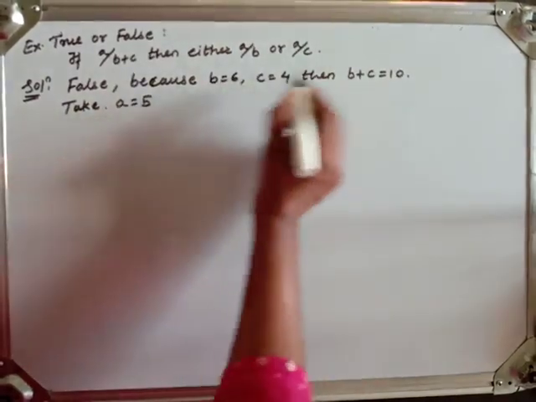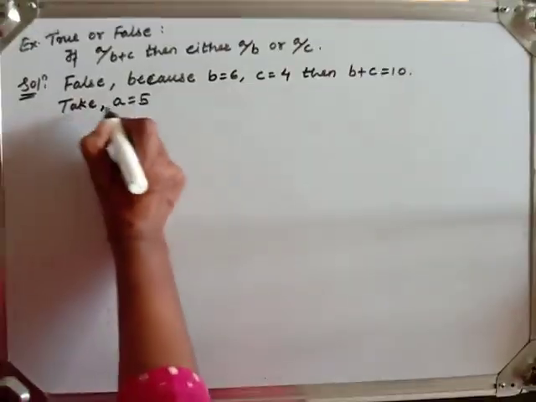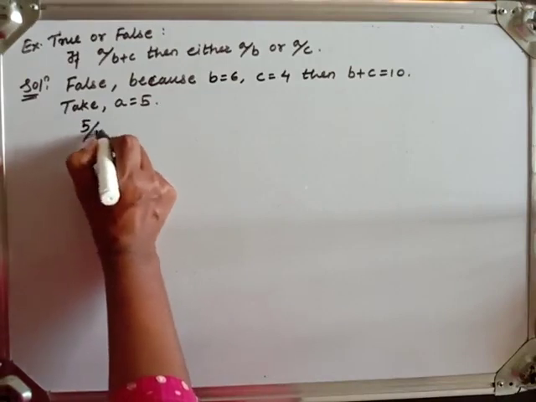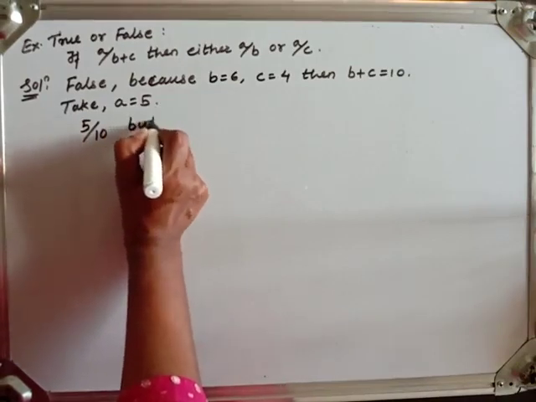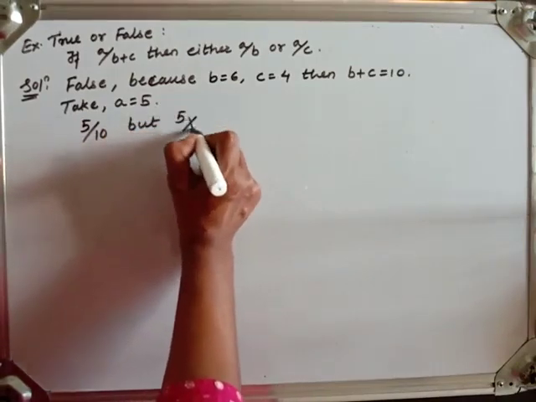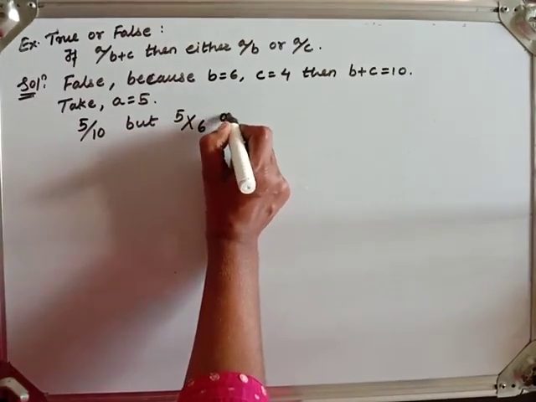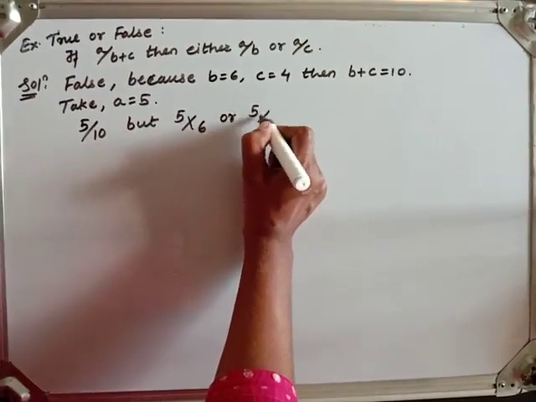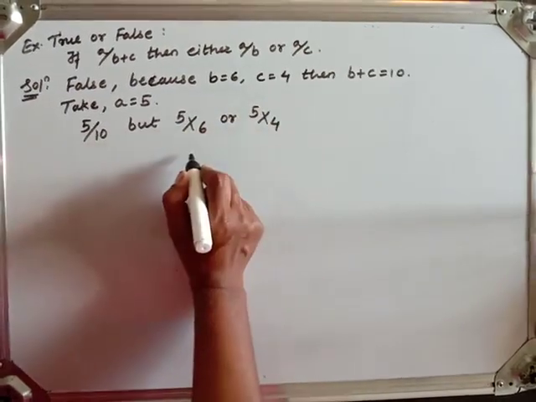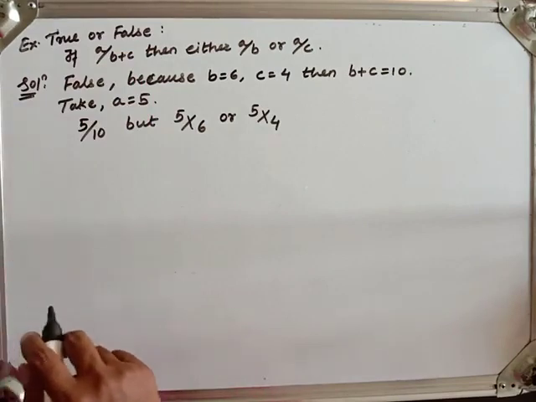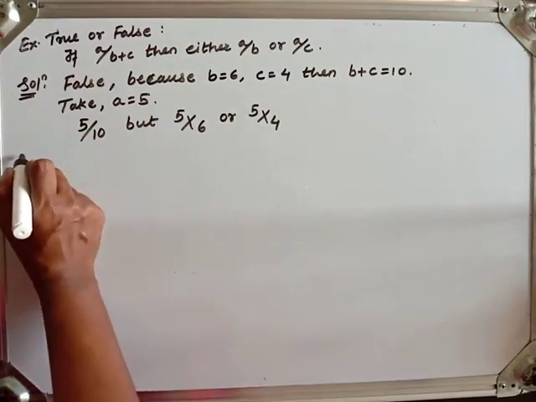As 5 divides 10, so 5 divides 10, but 5 doesn't divide 6 and 5 doesn't divide 4 also. Therefore, this statement is false.